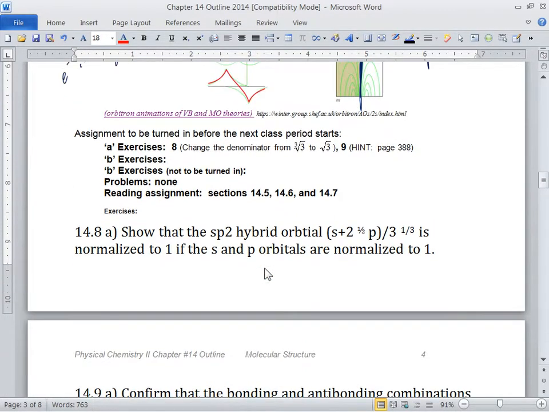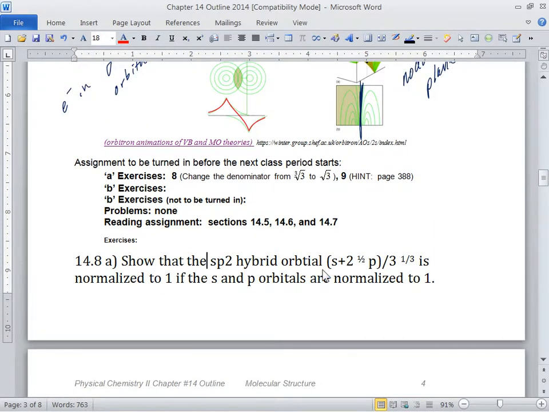Show that the sp2 hybrid orbital, s plus, what's the 1/2 power mean? Square root. So s plus the square root of 2 times p divided by the cube root of 3, but the cube root is supposed to be changed to the square root of 3. Show that it's normalized to 1 if s and p orbitals are normalized to 1.